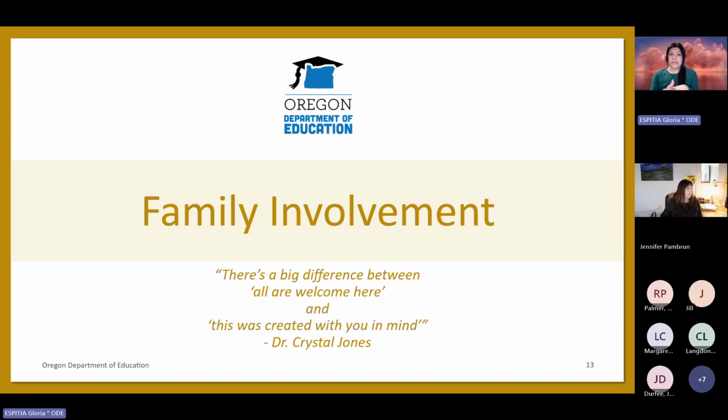As we stated earlier, there's endless research that consistently shows that family involvement is one of the strongest predictors of student success. And we know that family involvement is most effective when it's culturally and linguistically affirming and sustained.